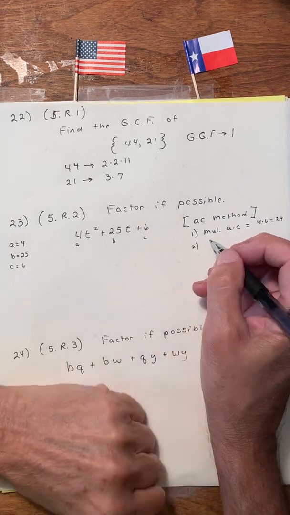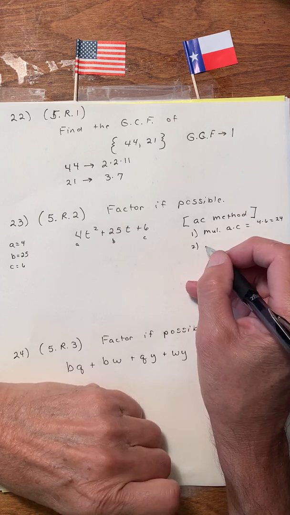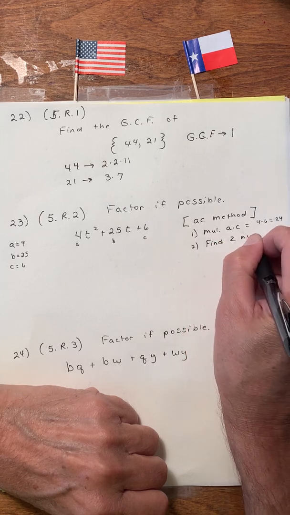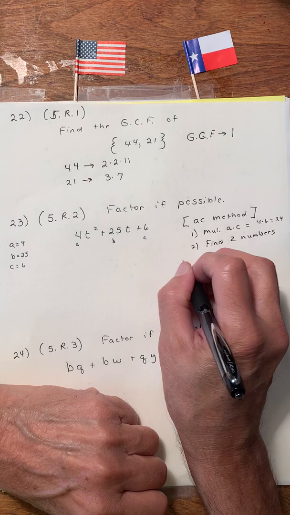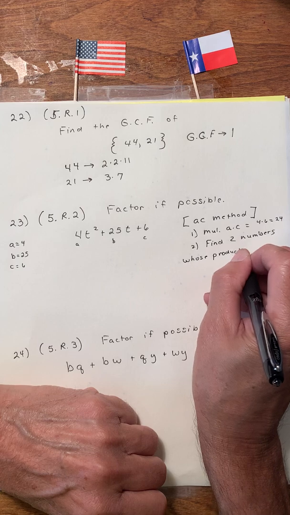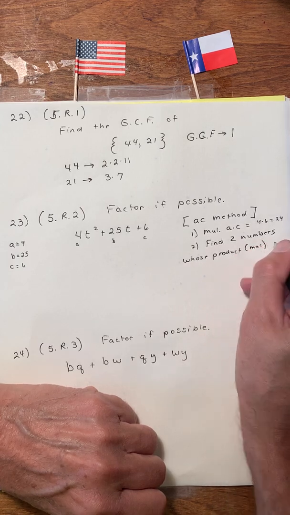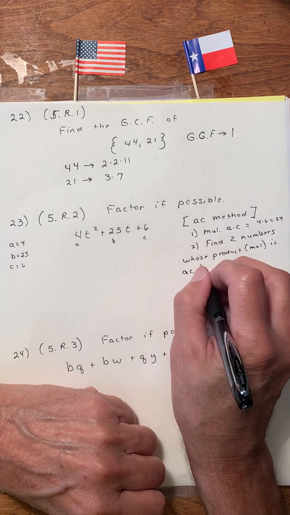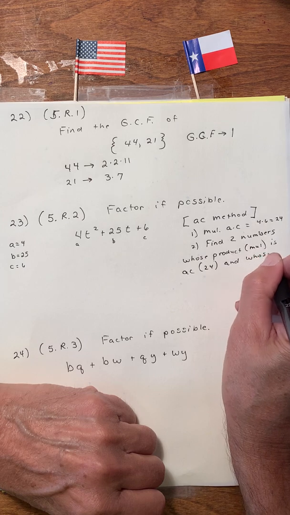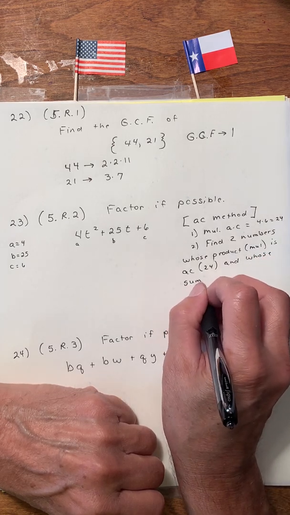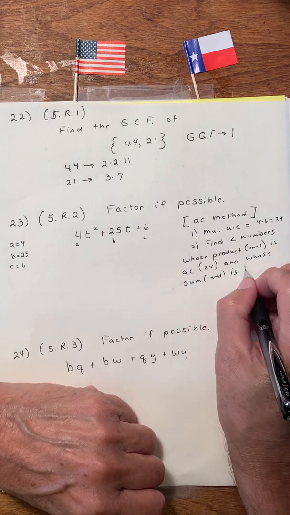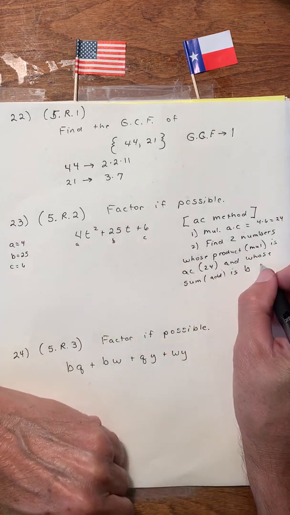Second step. Here's the one where you have to actually use some mental calories. Find two numbers whose product, that means multiplication, is AC and whose sum, that means addition, is B. And B happens to be 25.